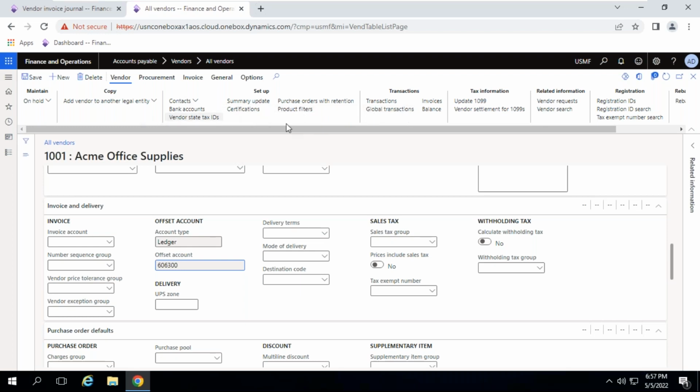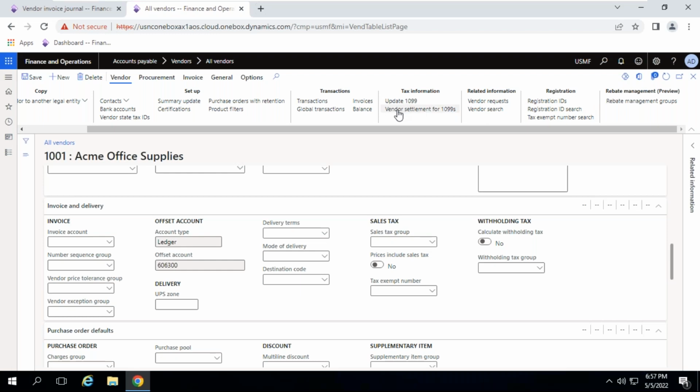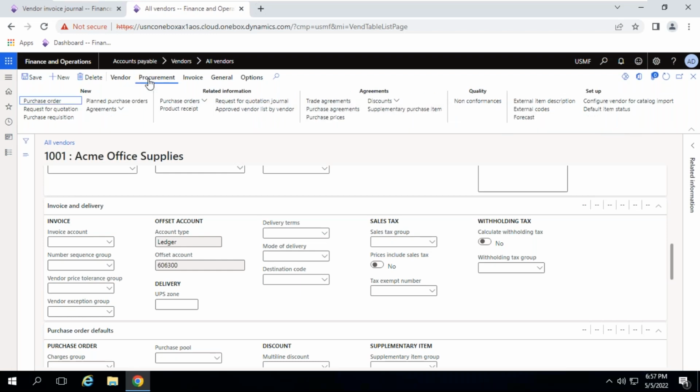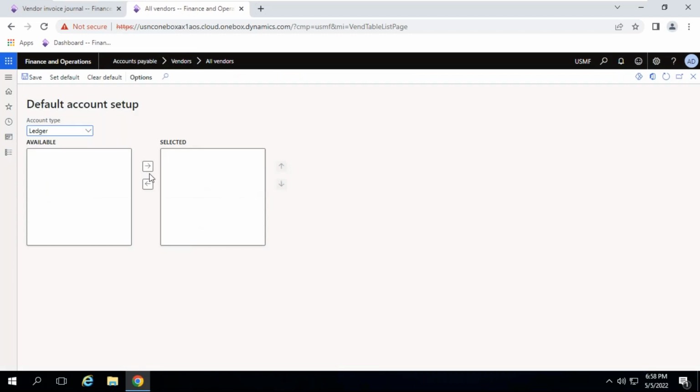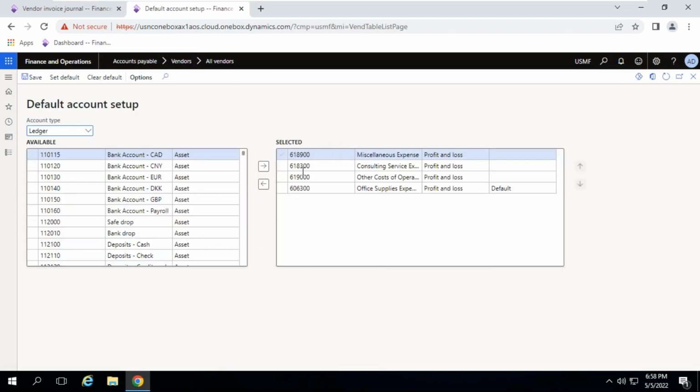Can anyone help me in this? One of the buttons has offset accounts. Maybe in the invoice tab. Default accounts. These are the accounts.